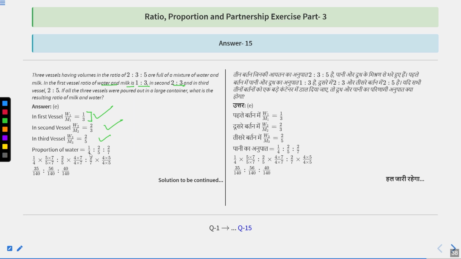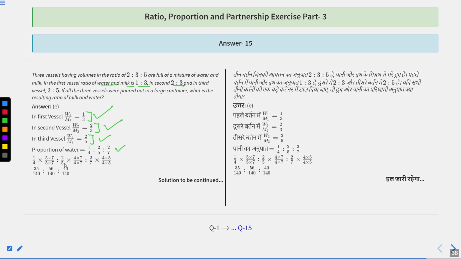So we can write it 1/4. In the same way, total amount in second vessel is 5 units, in which 2 units is water. So we can write it 2/5. In the same way, for 2/7, 5 plus 2 equals 7 and 2 units is water. So we can write it 2/7. So we make them in equal formation. 1/4 multiplied by 5 times 7 upon 5 times 7.